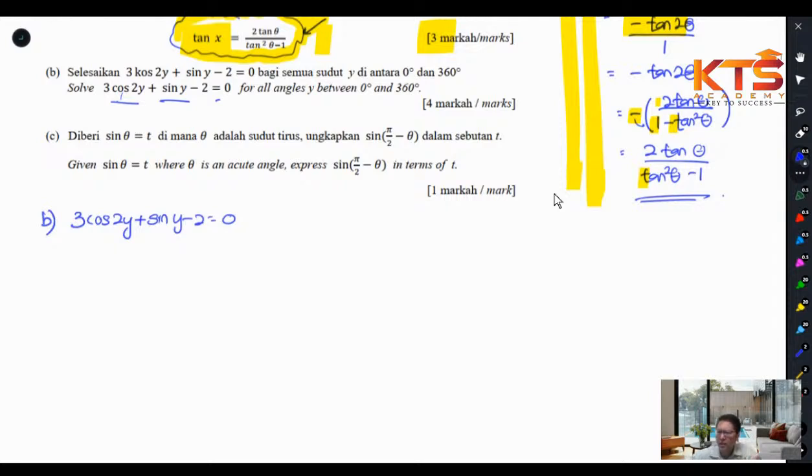Cos 2y and sine y are totally not related. One is double angle, one is y. I need to expand this one so that I can get angle y. So cos 2y, remember just now you have 3 options. Which one will I choose? I will choose the one with sine: 1 minus 2 sine square y, if you still remember or you have already copied this one.